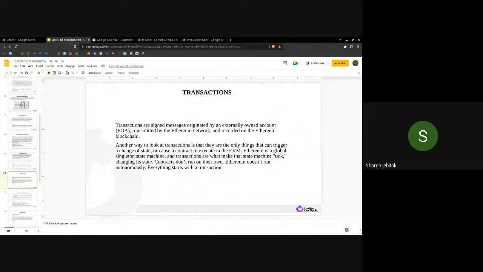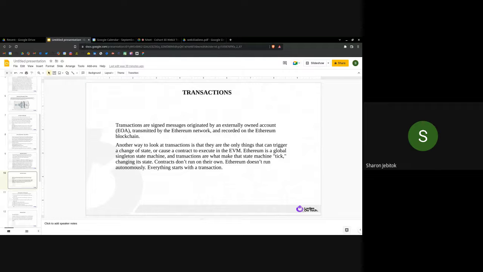Once you have confirmed it, the transaction is transmitted through the Ethereum network, because you are sending Ether or some tokens. Once the transaction is successful, it is recorded on the Ethereum blockchain. So if you want to define a transaction, you talk about it being signed, the idea of an externally owned account, and also the Ethereum network and the Ethereum blockchain.